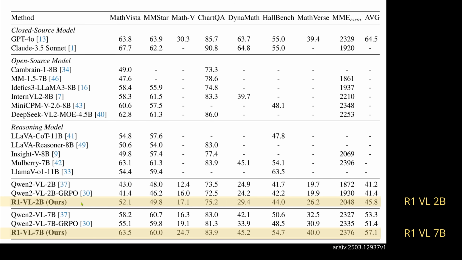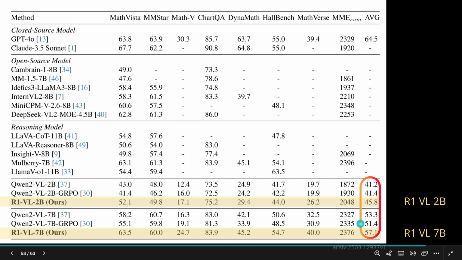And you see the benchmark data. Looking at the overall result, the classical Qwen 2 gives us this result. If we go with GRPO, the increment is not really famous. And look, if we go for the 7B and do GRPO, we even lose performance.